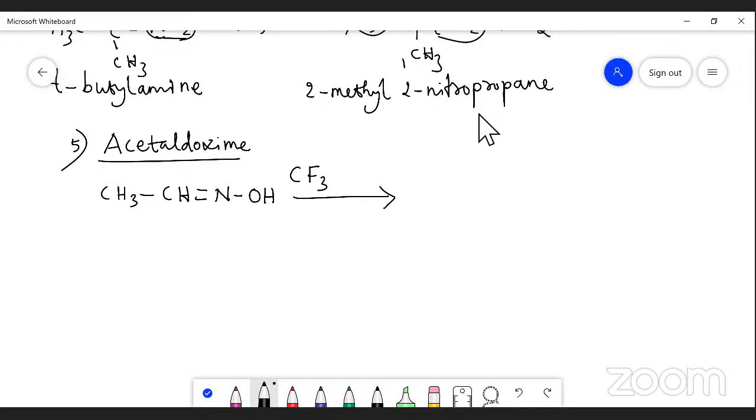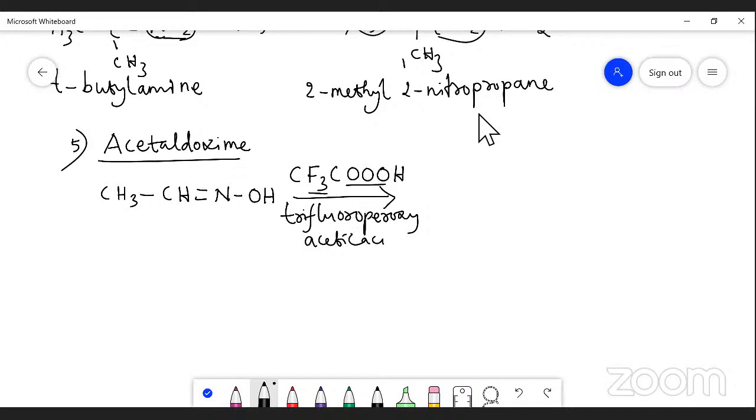The compound name is trifluoro, that is three fluorine atoms. So trifluoro peroxy acetic acid.